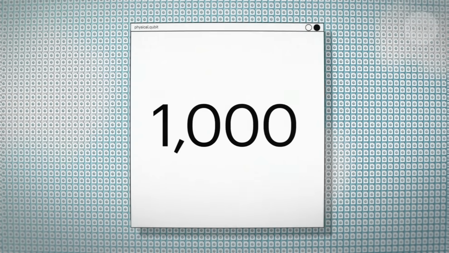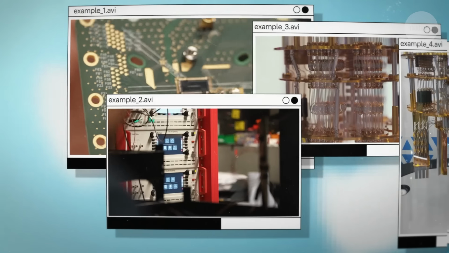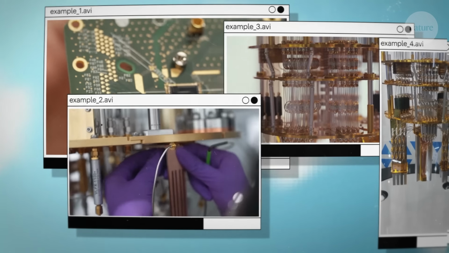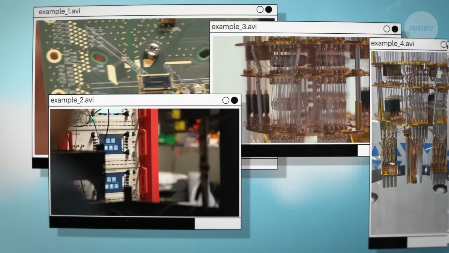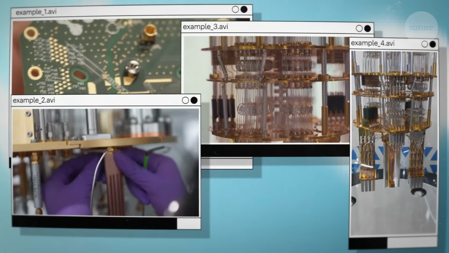That means 1,000 physical qubits for each logical qubit. The largest quantum computers built so far have just a few thousand qubits, and early estimates suggested that billions might be needed to solve the problems that quantum computing has in its sight.